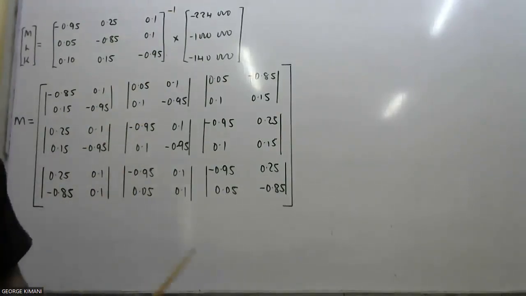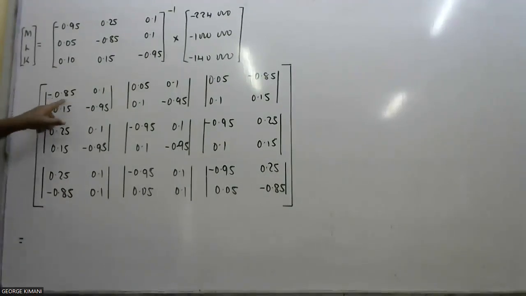Calculator. Kwanza hii minus ya kwanza. Tuanze na hii ya kwanza, minus 0.85 times minus 0.95 minus 0.15 times 0.1.